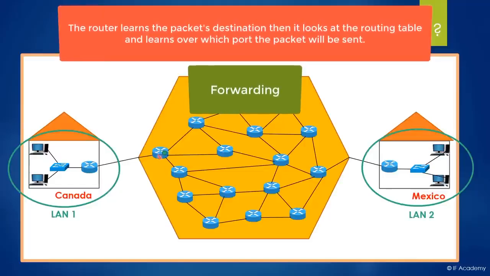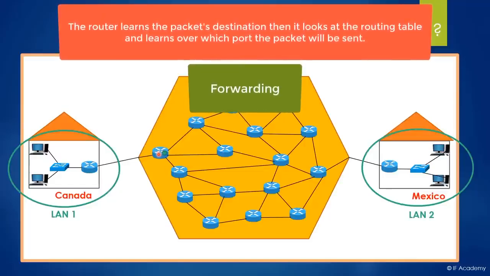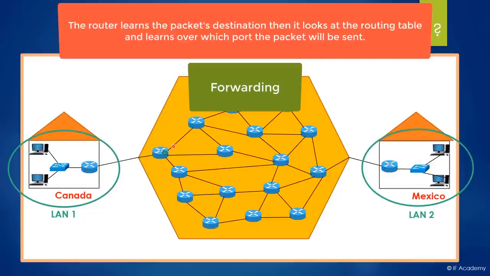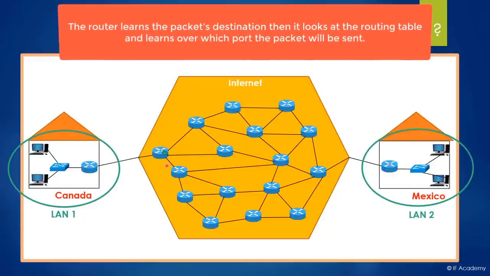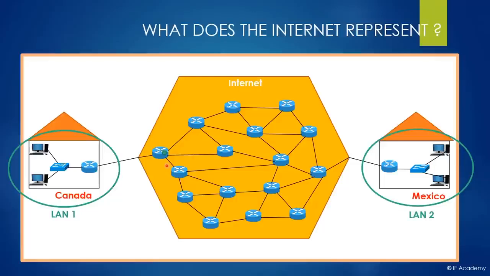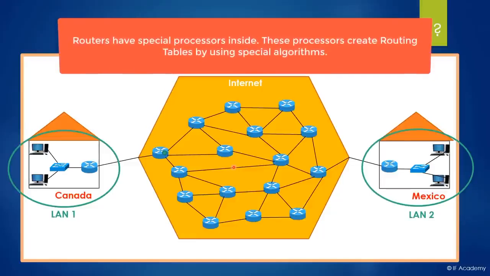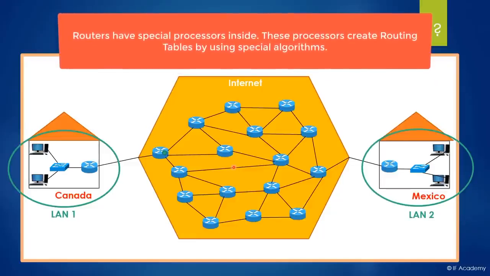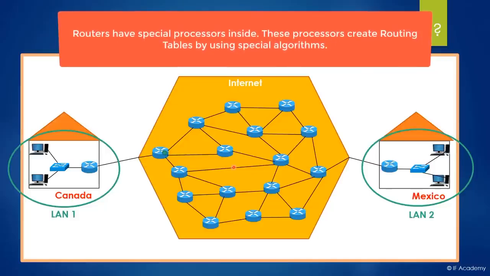As a result, every router needs to look at its routing table to learn which path it must forward the packet. In other words, we can easily understand that routing tables need to have information about which path a packet will go to, okay? It is very important to know this fundamental task of the routing table. Each router has a special processor, and information in the routing table is created by this special processor using many different algorithms.